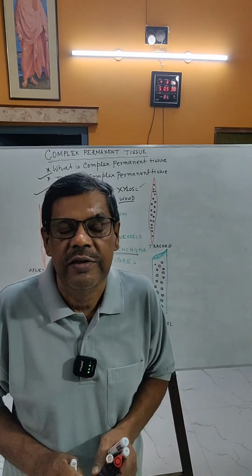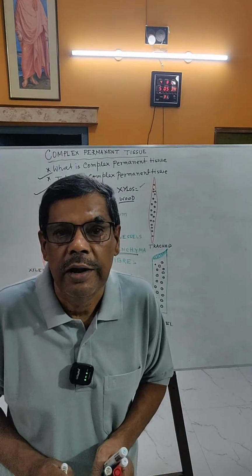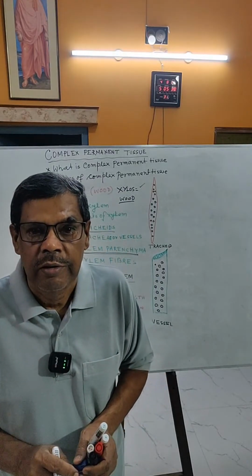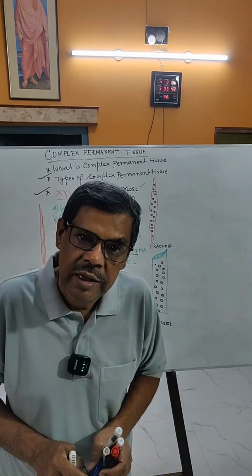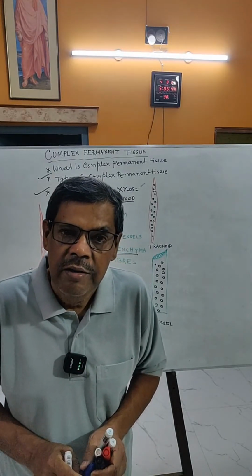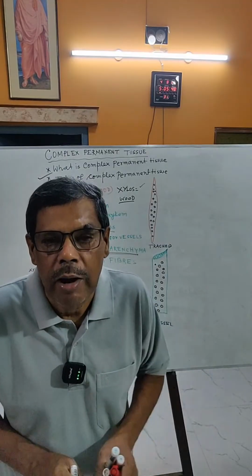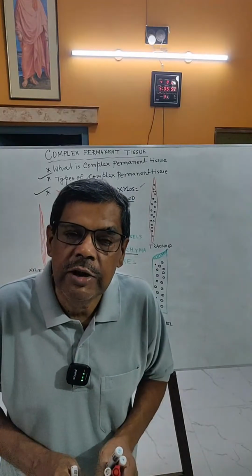These tracheids perform the function of conduction mainly in non-flowering plants. Some flowering plants bear tracheids, but mainly in non-flowering plants, tracheids perform the conduction of water.